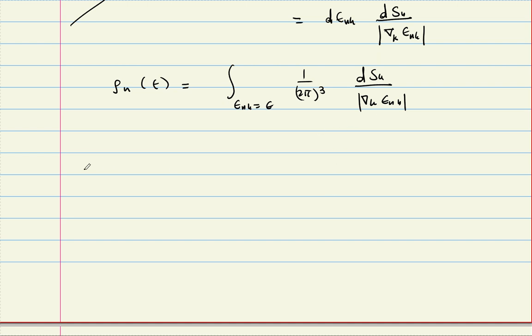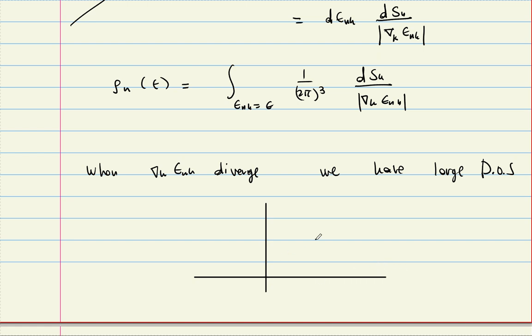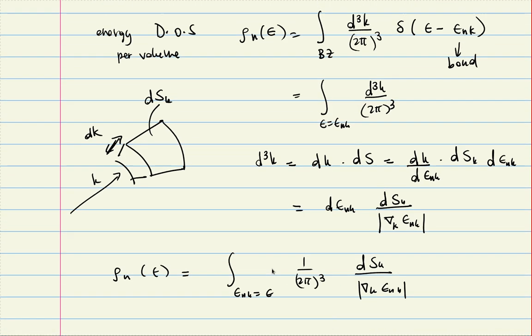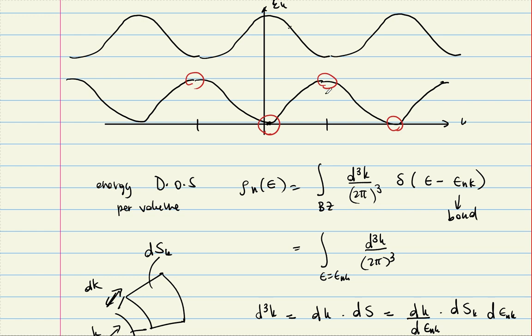Therefore, we can see that when the gradient of epsilon of k diverges, we have a large density of states, and it's something like this. Suppose this is k, this is energy, and there is some, for example, this happens at the Brillouin zone boundary, right here, right, and here.